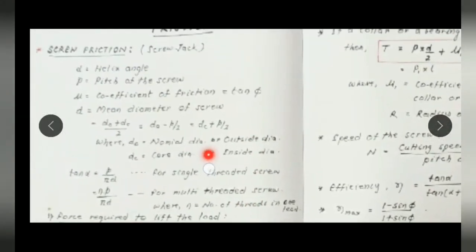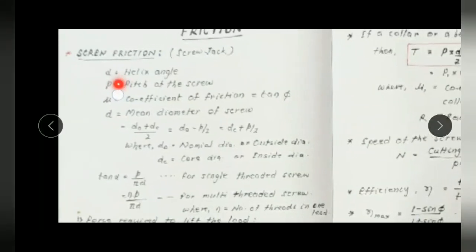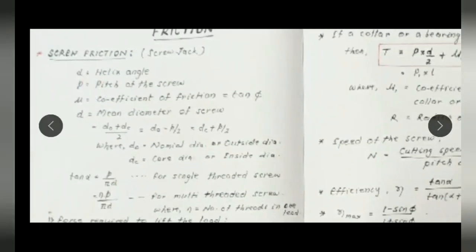Screw friction is an important topic in friction. These are a few important terms used in screw friction. Alpha equals helix angle, P equals pitch of the screw, mu equals coefficient of friction, which is equal to tan phi.